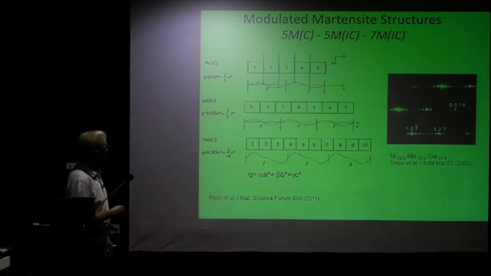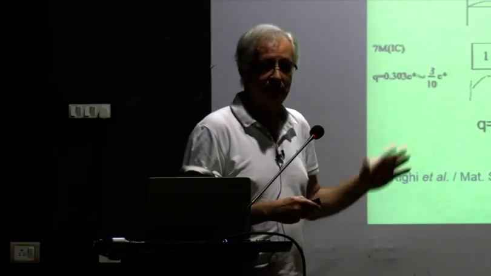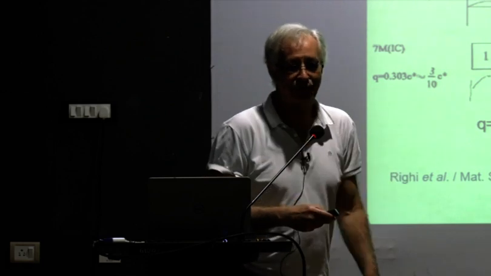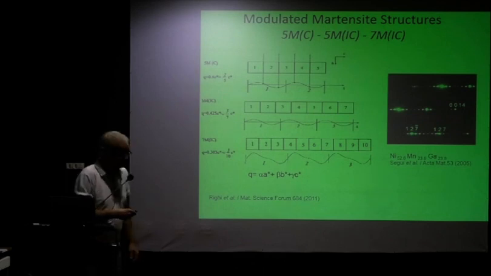So 5M. This is the easiest, perhaps, because in the 5M you do get, this is a Danoff picture, the commensurate case. So you have 5 cells, let's say, and your modulation vector actually runs over 2 periods in these 5 cells.